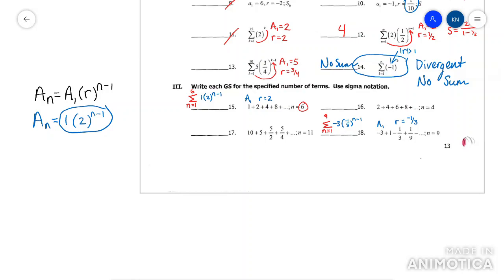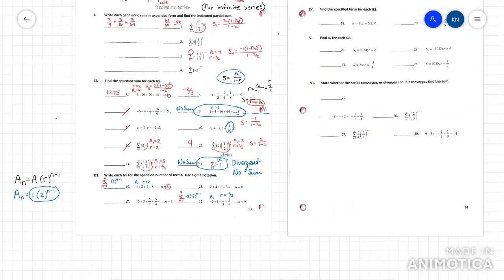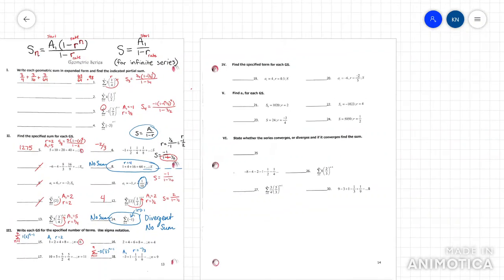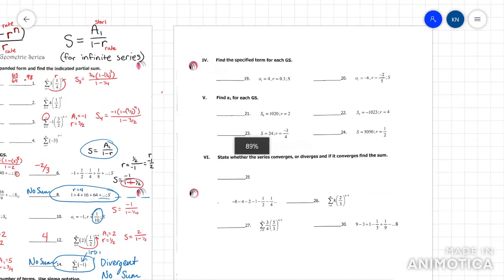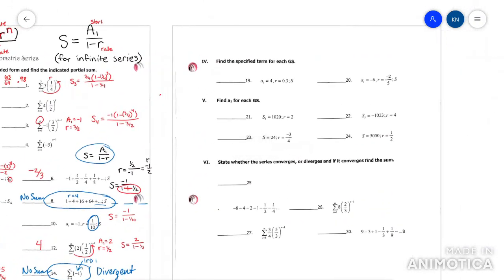Okay, let's look at the second page. Now they're wanting us to do two infinite series, these two. So you're just going to use that same equation. And I'll do this one.